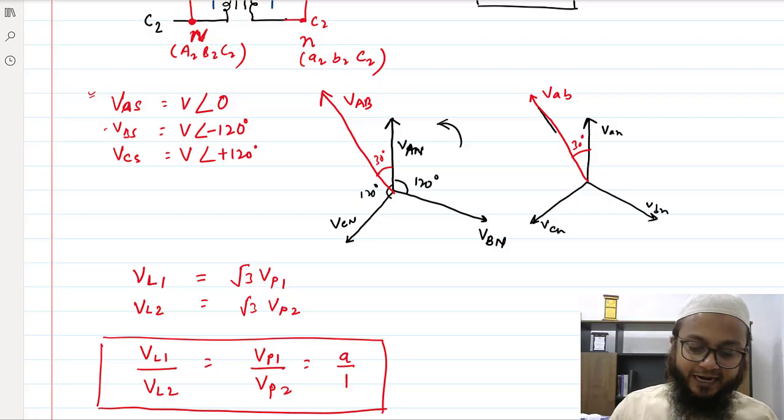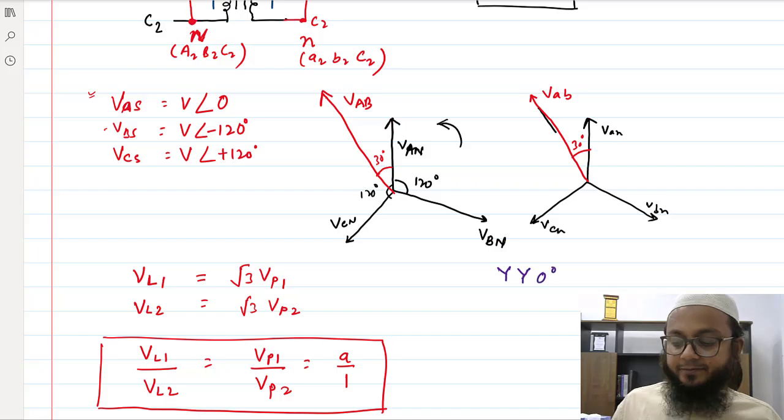So sometimes this kind of arrangement is known as star-star. For star we generally write Y. So we'll say that this is Yy0, 0 degree. That means the line voltages of the primary side and the secondary side are exactly in phase.